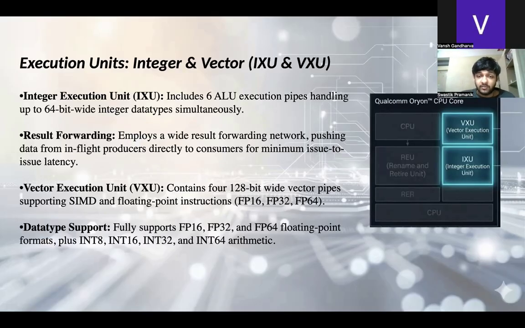It also has a wide result forwarding network, pushing data from in-flight producers directly to consumers from issue to issue. This processor also supports FP16, 32, and 64, and for integers, INT8, 16, 32, etc.